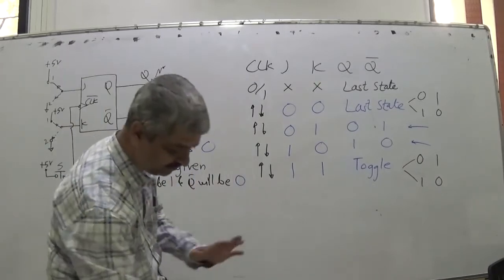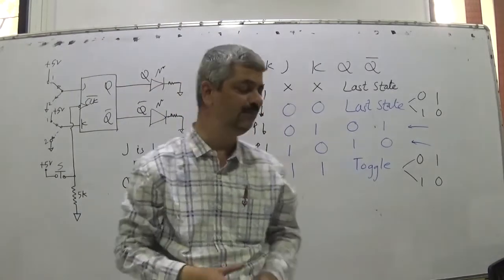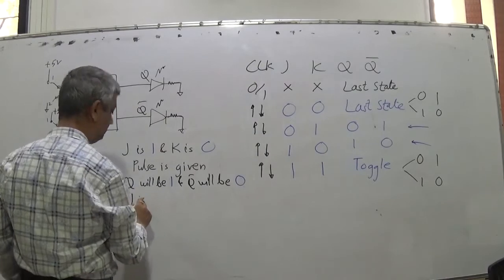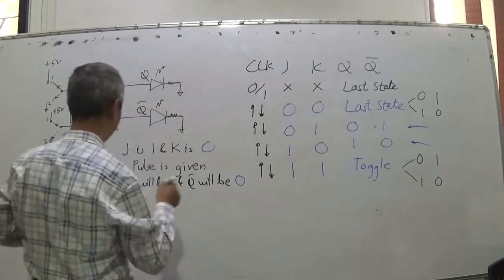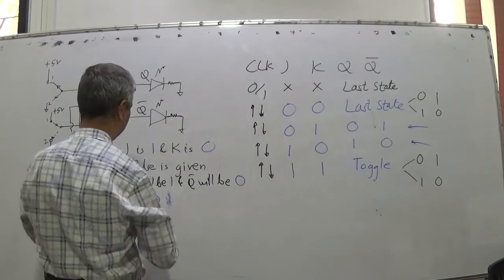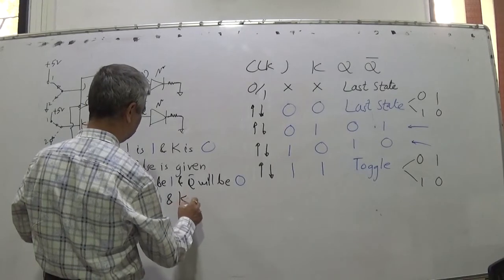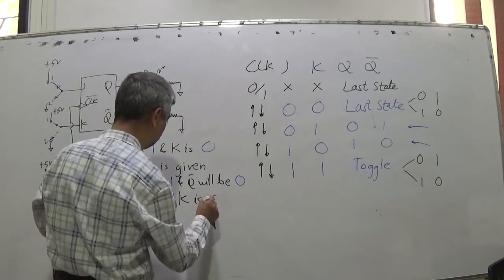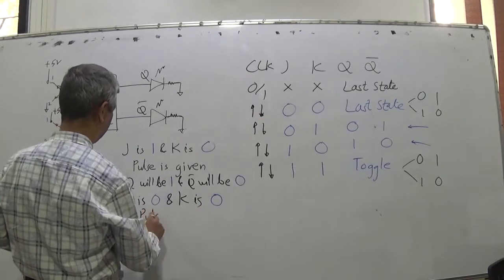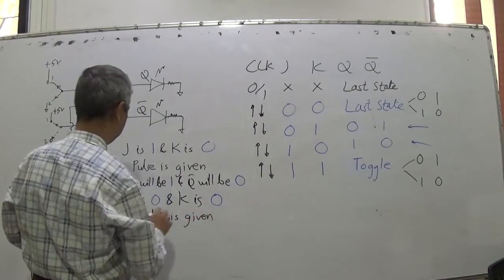Now, J is set by you, K is set by you. Now if you set, you can check it. J is 0 and K is 0. Pulse is given.